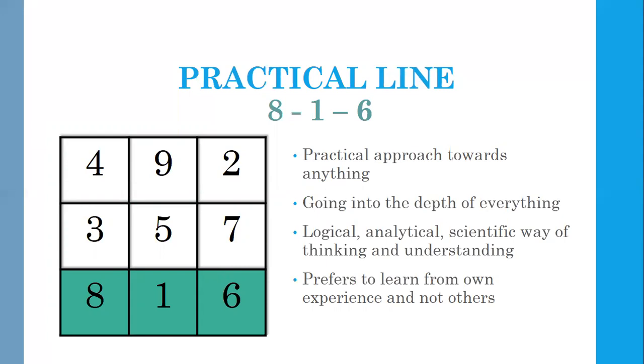Suppose they have to purchase a mobile, they will go through many websites and online reviews, and ask their friends about the mobile. After analyzing all these things, they will finalize which mobile to buy. So the practical approach is very strong if you have 816 in your Loshu grid.